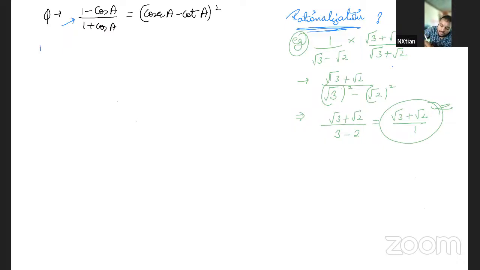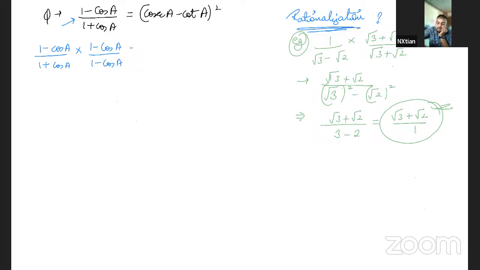How will you do this? As I told you, plus is given, so I have to multiply it with the opposite sign, which means minus. Understood? Did you understand, guys? As we did here, it was minus, so we multiplied by plus. In the same way, plus is there, so I have to change the sign to minus.